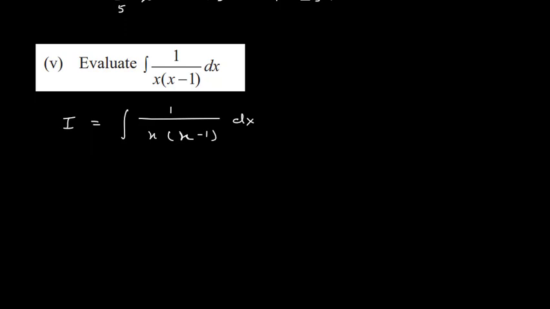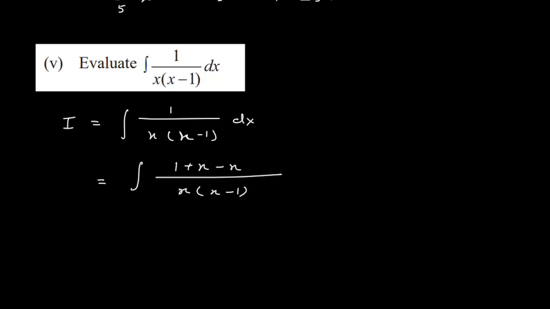The formula is like 1 upon x or 1 upon ax plus b, but here the denominator is in multiple form. So what you can do is, in the numerator you add x and you subtract x. When you add and subtract, there will be no change in the numerator. It is 1 only.